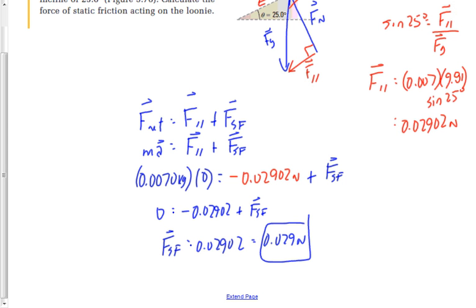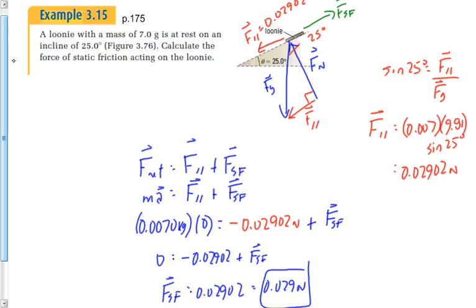Now, there is a shortcut in this question if anybody spotted it, but you don't have to take it. We didn't take it here. Is your hand up for the shortcut? Yes, that's right. That's the shortcut. If you get F parallel 0.029 newtons, and it's not moving, well, this is how hard I'm pushing, right?